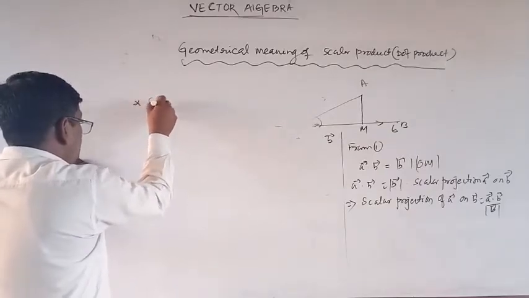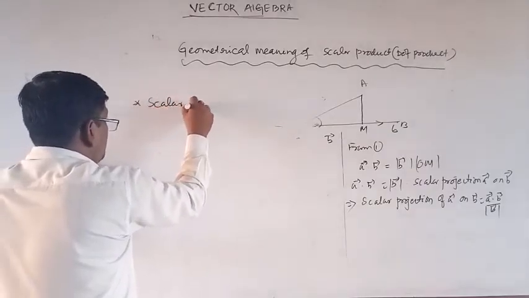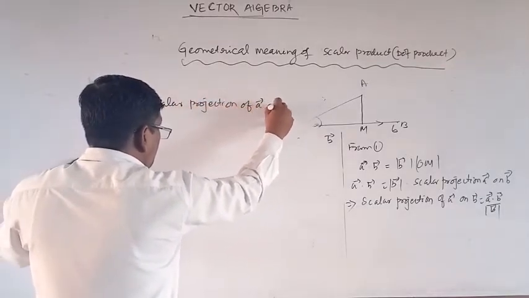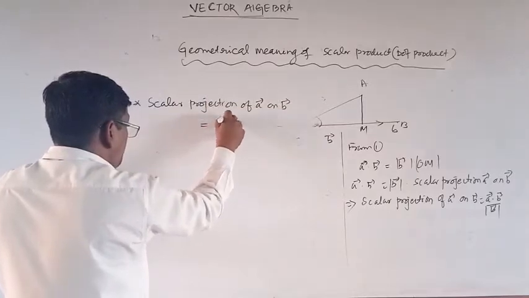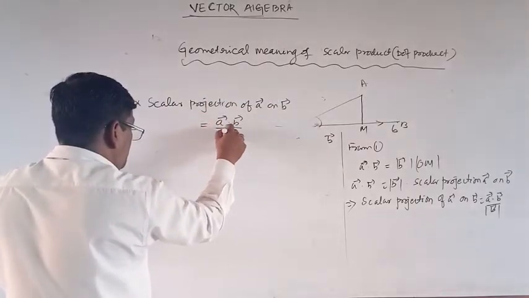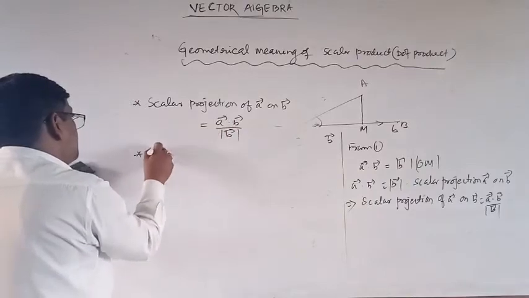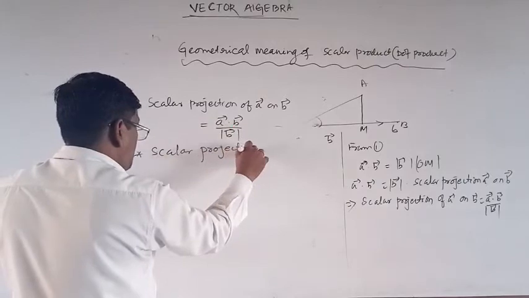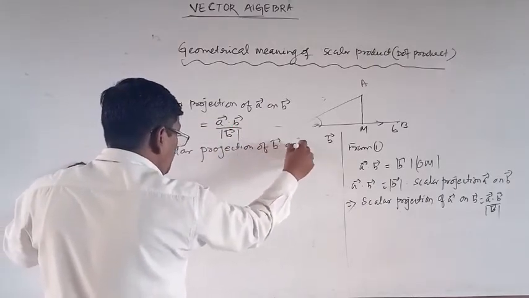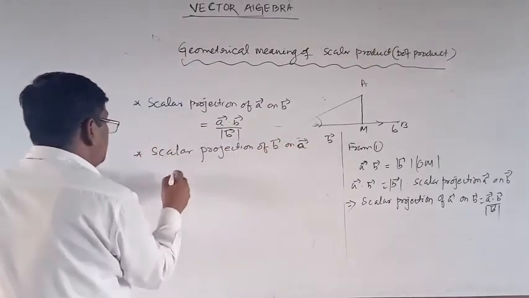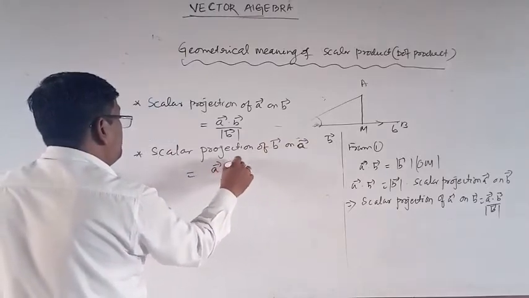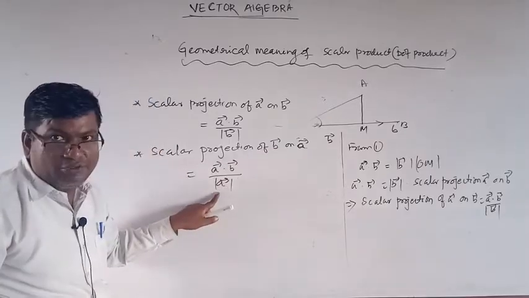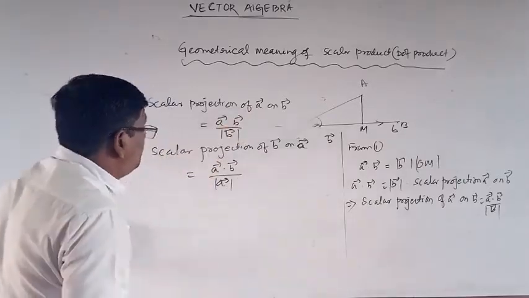Scalar projection formula: the scalar projection of vector A on B is equal to A dot B divided by magnitude B. Similarly, the scalar projection of B on A is equal to A dot B divided by magnitude A. On A means divided by magnitude A; on B means divided by magnitude B.